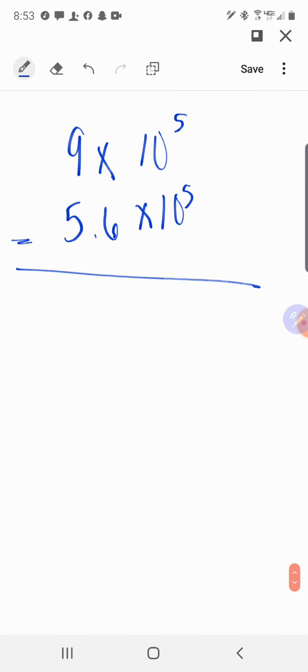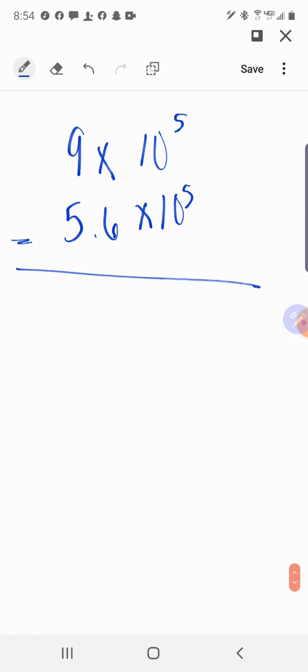All right, so if our base is the same at 10, and our exponent is the same, then we can subtract this. So right now we have 9 subtract 5.6. Make sure you line up your decimals correctly.